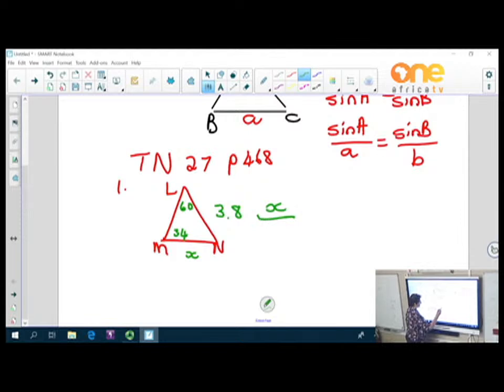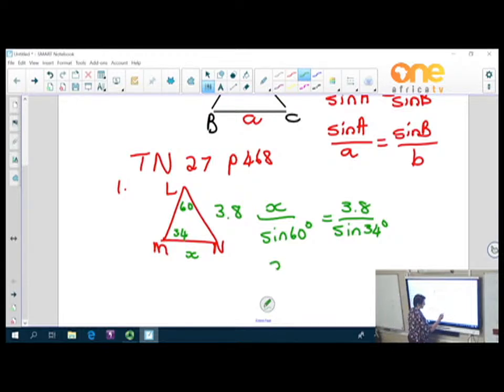So this is then x over sine 60 degrees, which is equal to 3.8 over sine 34 degrees. So the opposite side and angle, opposite there. Now to calculate it, this is with algebra that we will do it.